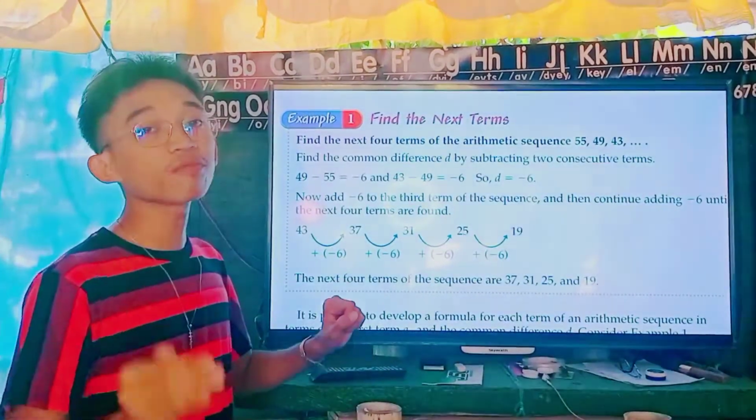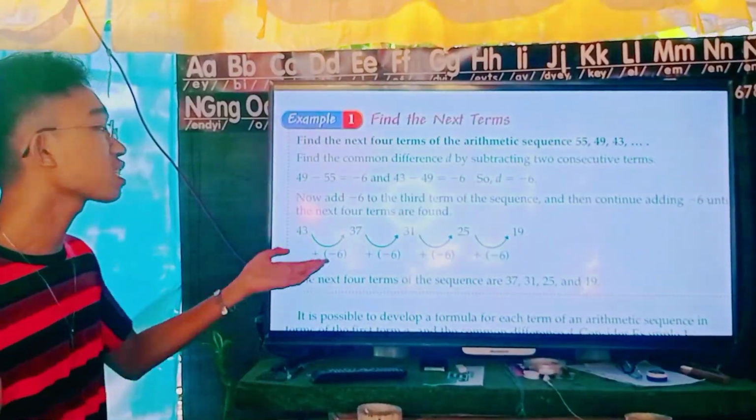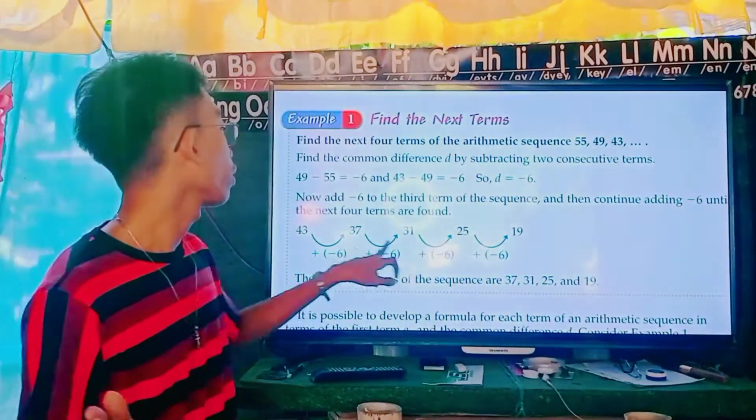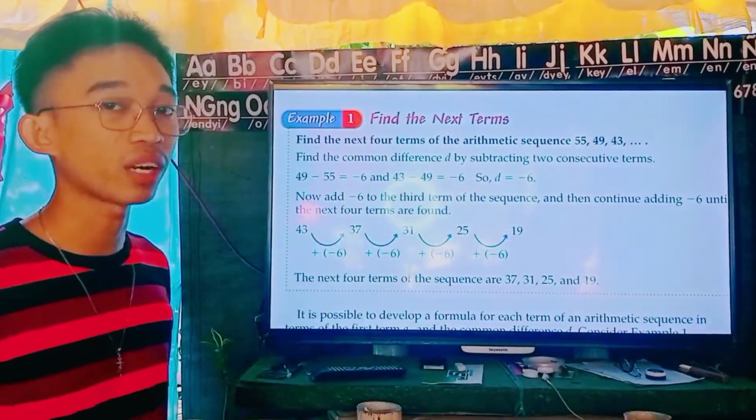And 25 plus negative 6 is 19. Therefore, our next four terms of the sequence are 37, 31, 25, and 19. Those are our answers.